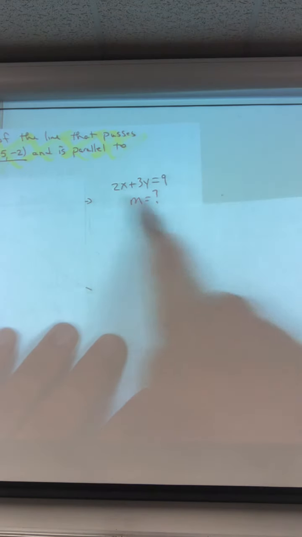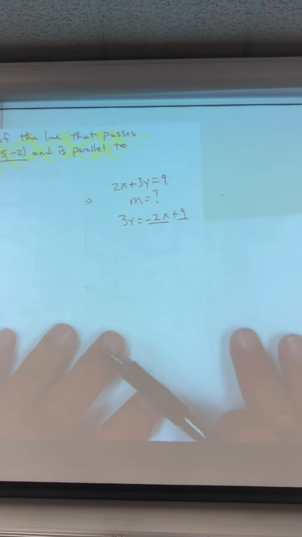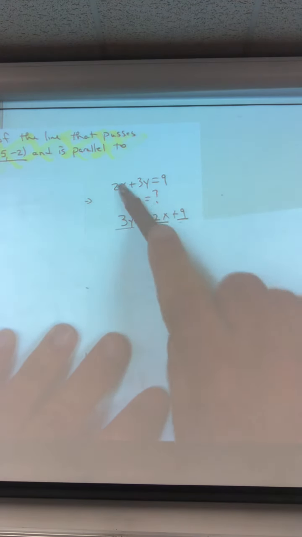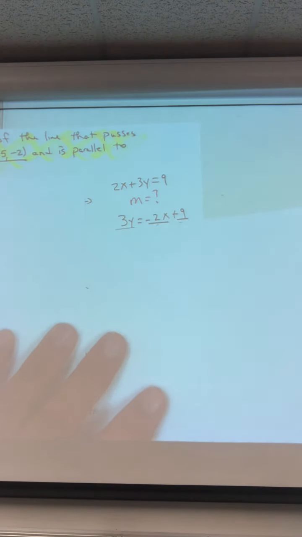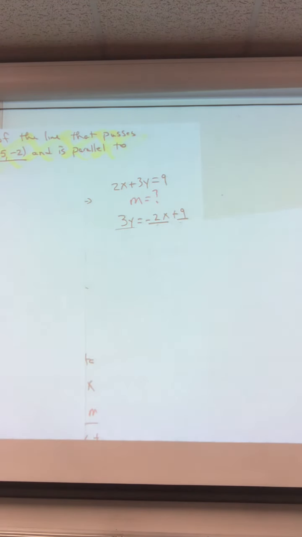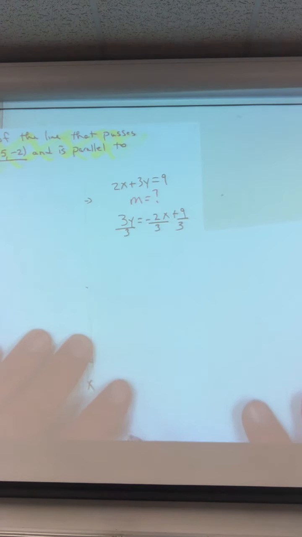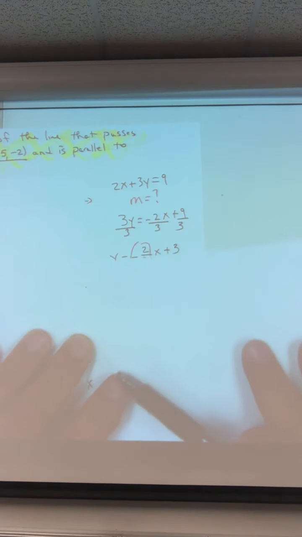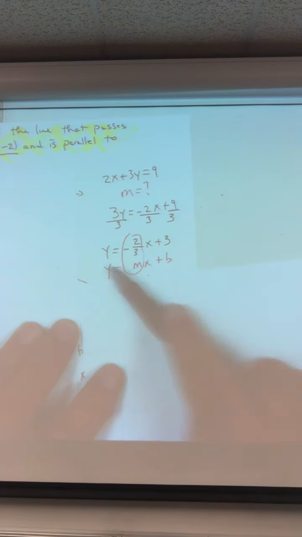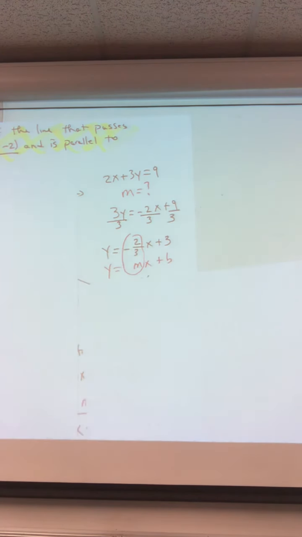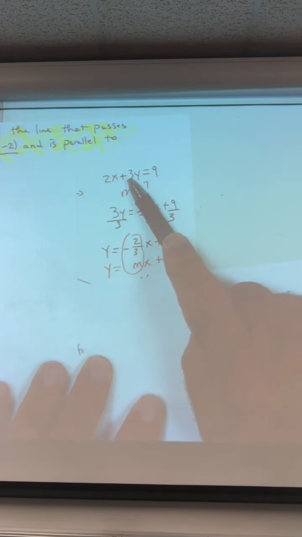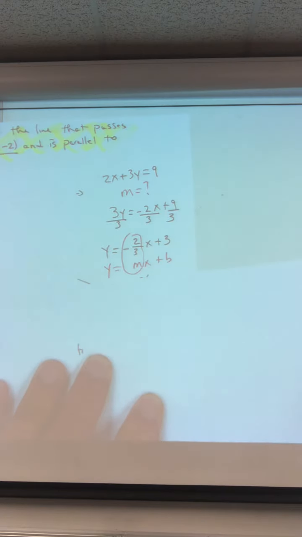So how do I put this in slope-intercept form? First, move the 2x across. When I do, it becomes 3y = -2x + 9. Then divide by 3 to solve for y. Now when I do that, this is in slope-intercept form. So the slope of this line is -2/3.